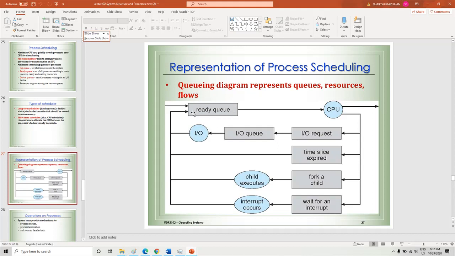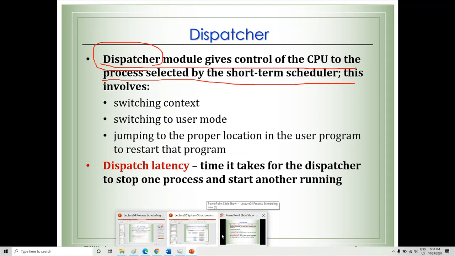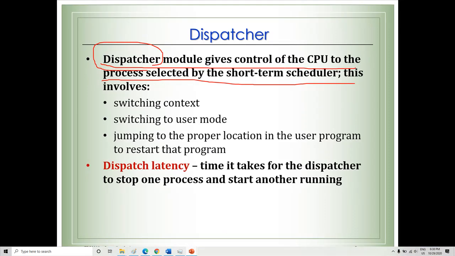The scheduler schedules the specific order, but the program which allocates the CPU to these processes is called the dispatcher. The dispatcher gives control of the CPU to the process selected by the short-term scheduler.